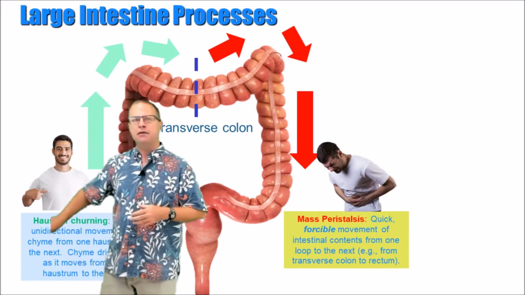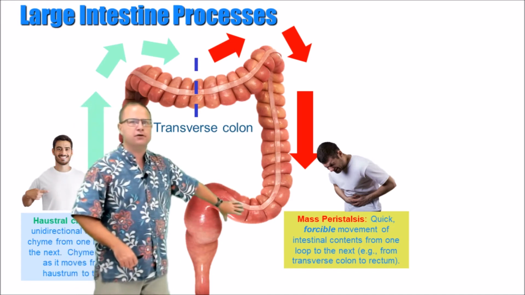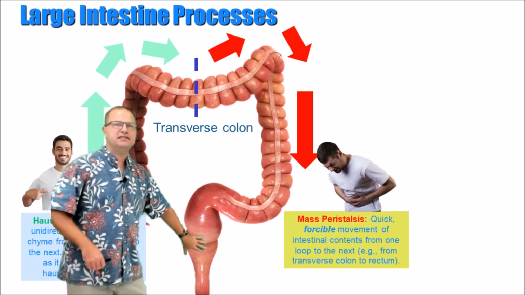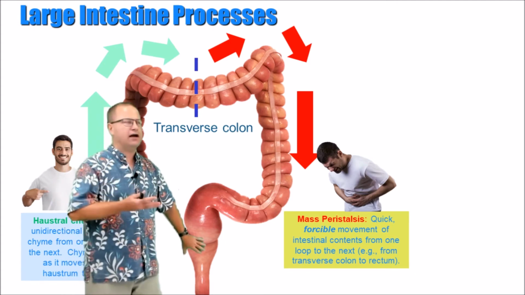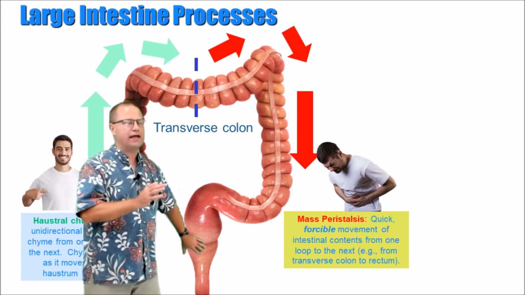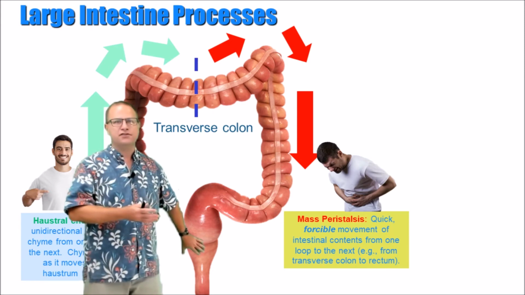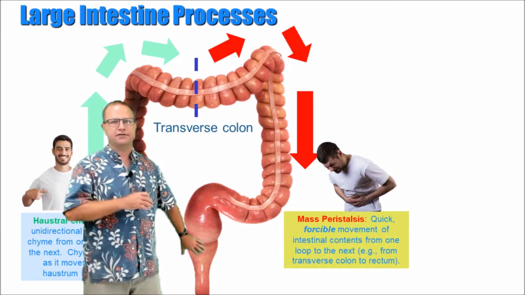The reason is because this involuntary movement is very fast, it's very forceful, and it forces that feces into the rectum. In actuality, the first involuntary anal sphincter will open up, and it's only that external anal sphincter, which is made of skeletal muscle, which is preventing you from crapping your pants. So be glad for the external anal sphincter.